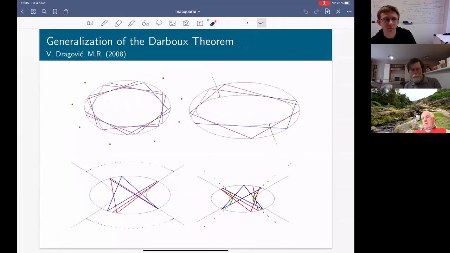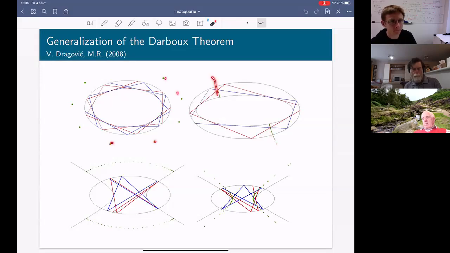One generalization of that theorem we obtained jointly with my collaborator Vladimir Dragovic more than 10 years ago, where we consider the Euclidean case, but we have shown that such a property will be satisfied also by any kind of billiard trajectories and not only closed ones. In this illustration, the corresponding intersection points are denoted by green.